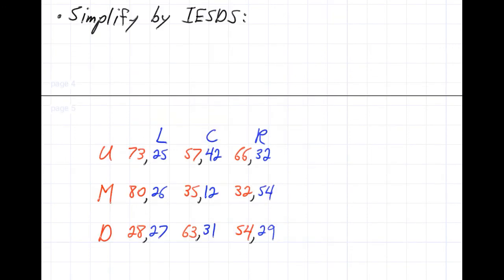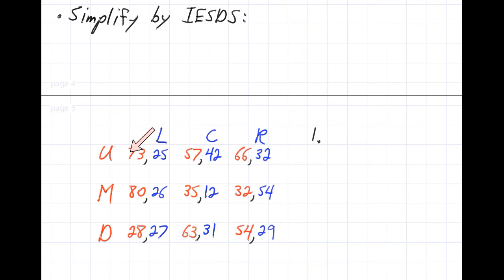Okay, we've got the matrix here, and let's look at what steps we can take to eliminate dominated strategies. Let's write down the steps we can take. So let's start by looking at the row player.